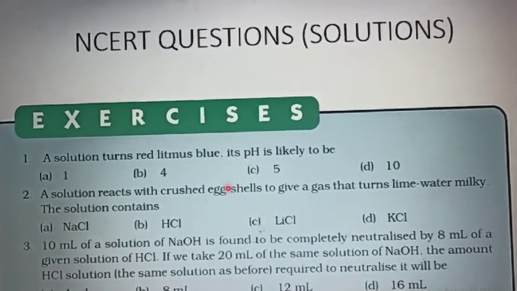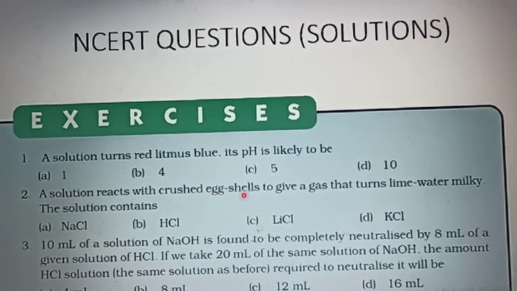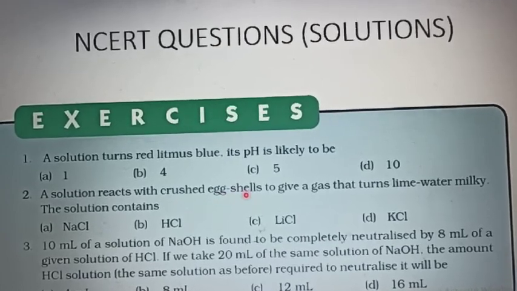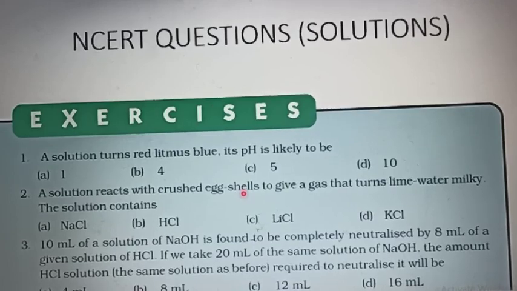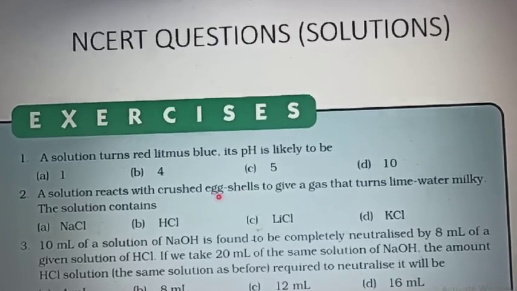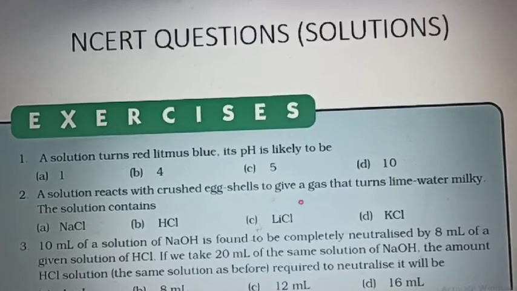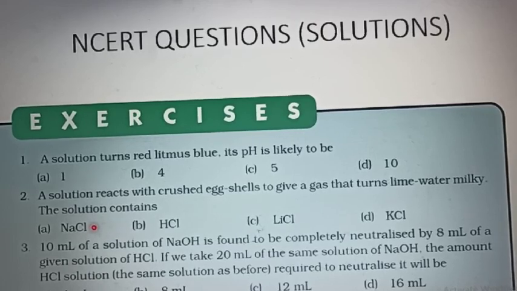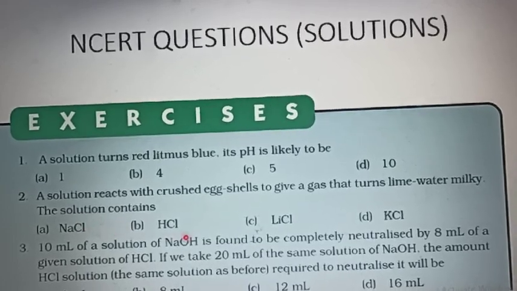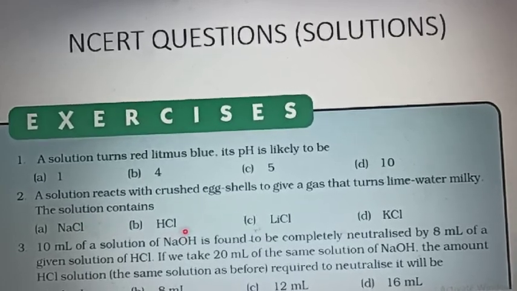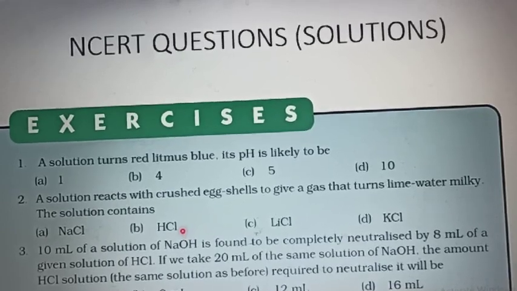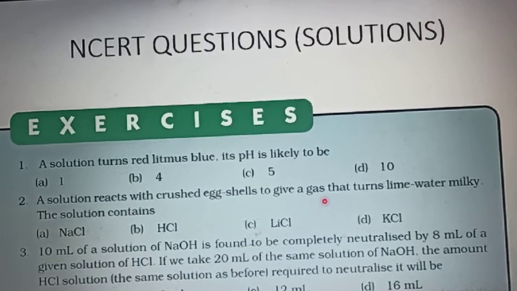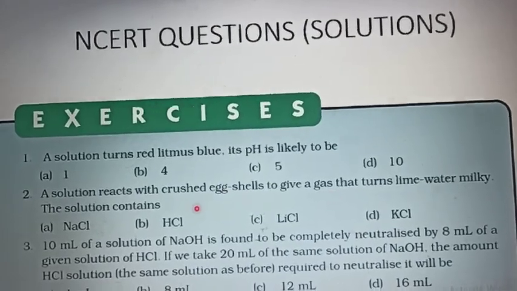And eggshell is made up of calcium carbonate. And you know that when acid reacts with metal carbonates, it gives carbon dioxide gas. You can see which is acid here. HCl is acid here. So this HCl will react with calcium carbonate to give carbon dioxide gas. So the right answer is HCl.